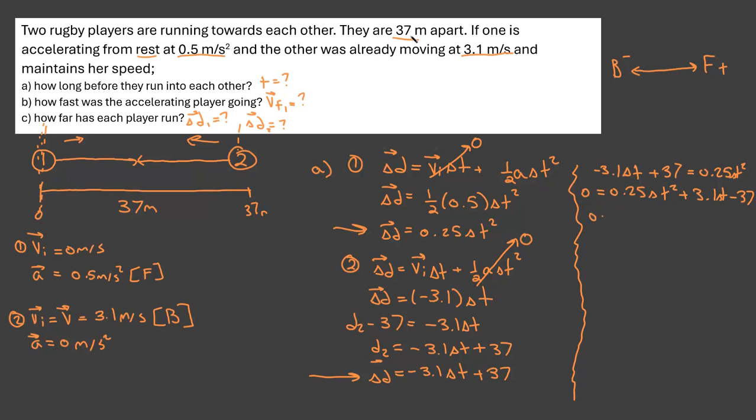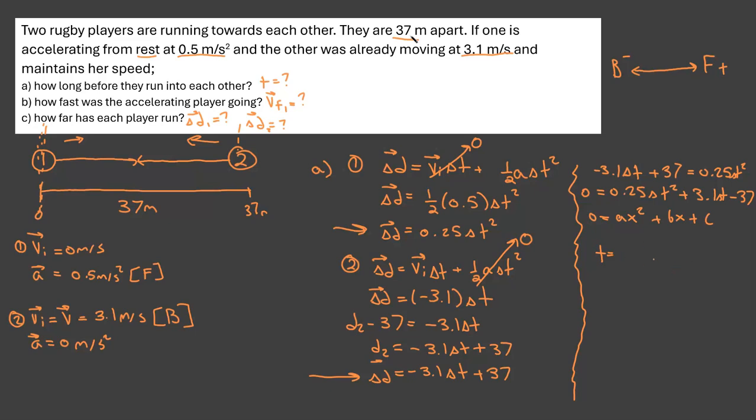So I have a quadratic here. In my standard form, I'll typically have ax squared plus bx plus c. So my A term is 0.25, my B term is 3.1, and my C term is negative 37. So I'm going to use the quadratic formula to get what my time values are.